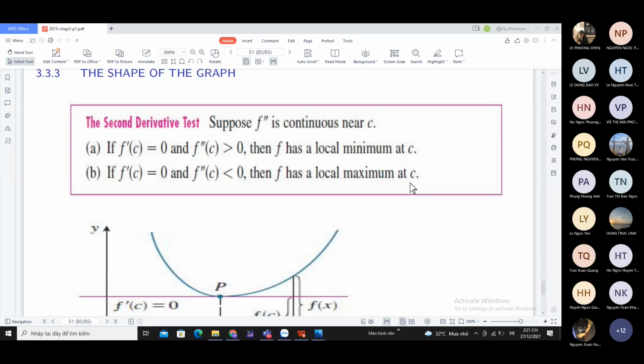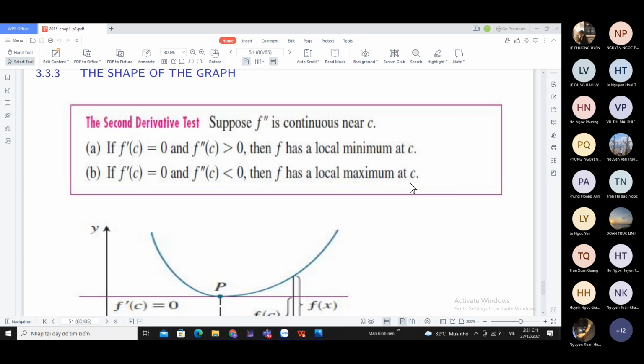I want to discuss this theorem. This is called the second derivative test. Suppose that f double prime is continuous near C. What does it mean?